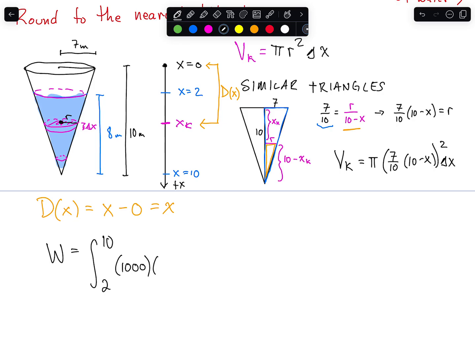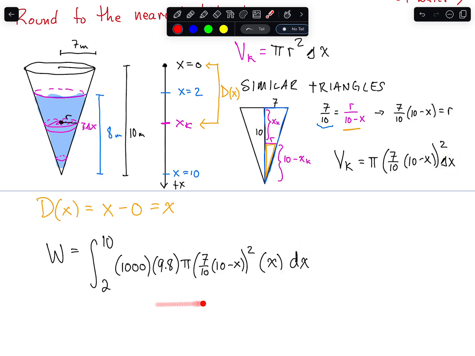We have the acceleration due to gravity, the 9.8 meters per second squared. We have the volume, pi times the quantity 7 over 10 times the quantity 10 minus x, those two things squared. We have the distance function, which is x, and then our delta x is a dx. So that delta x becomes a dx.